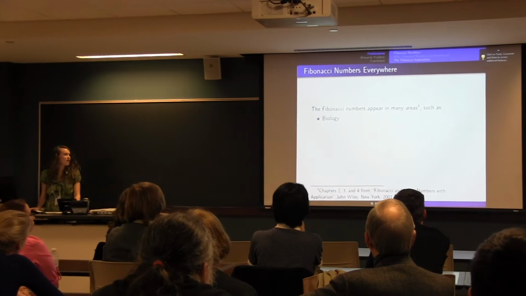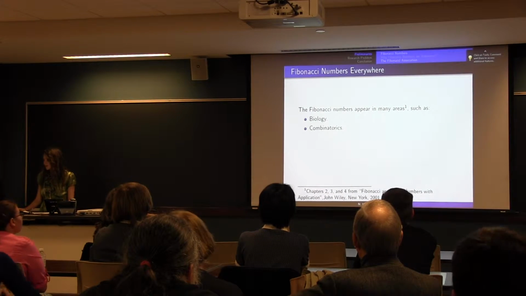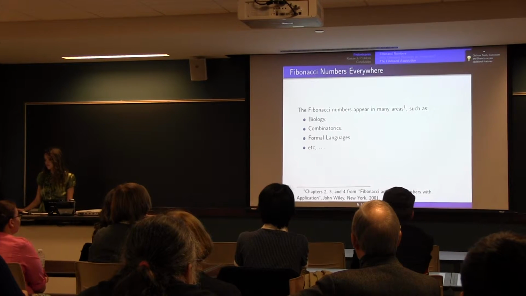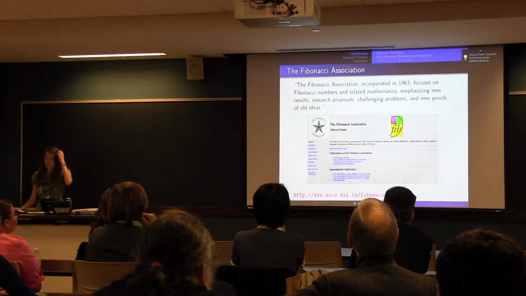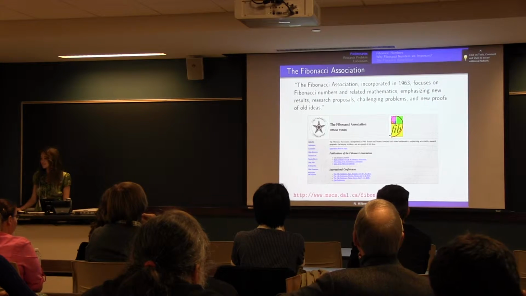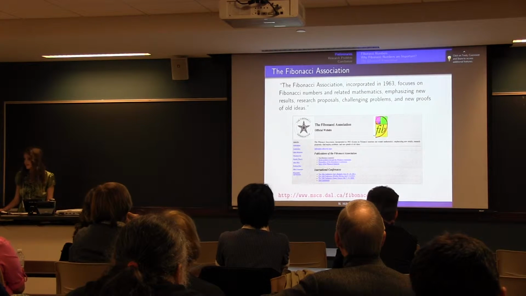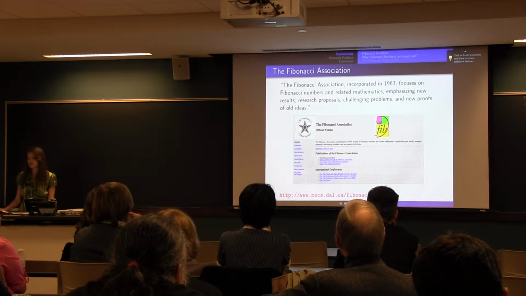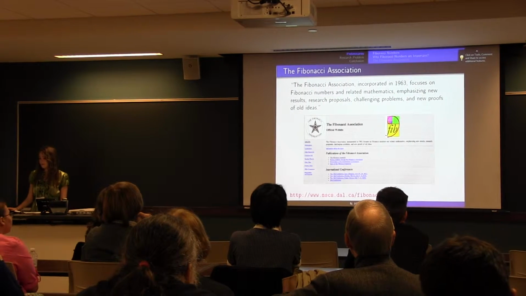They're also found in many areas, such as biology with the rabbits and nature, combinatorics, formal languages, and many more. So the Fibonacci Association was incorporated in 1963. It focused on Fibonacci numbers and related mathematics, and it emphasized new results, research proposals, challenging problems, and new proofs and ideas.